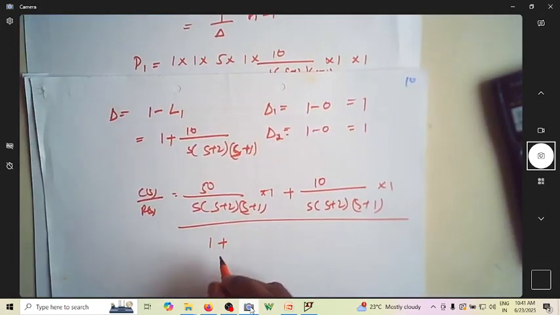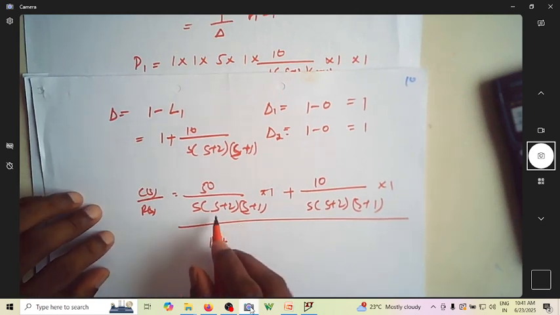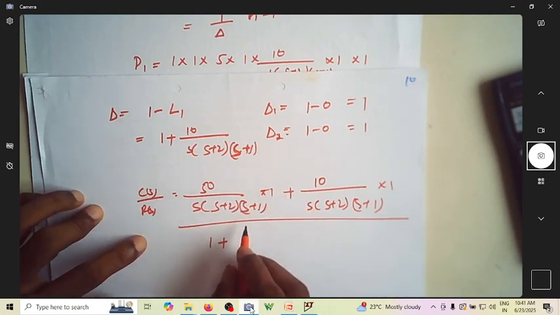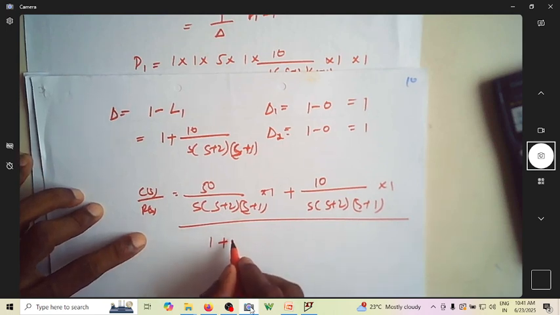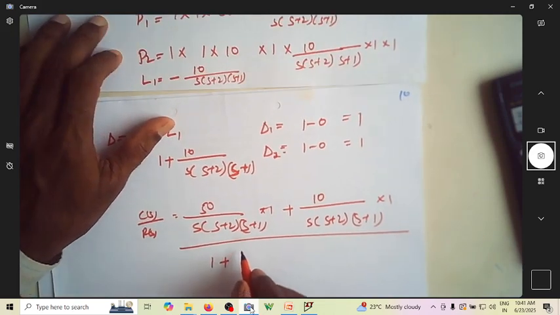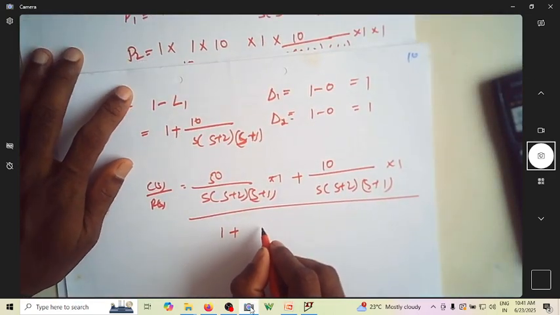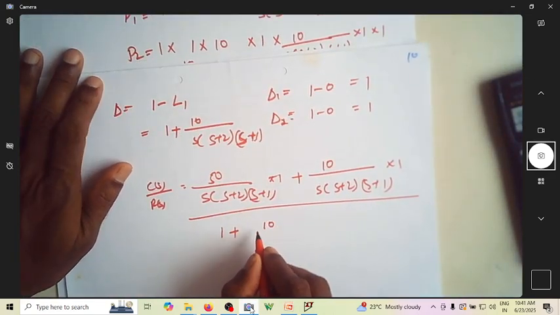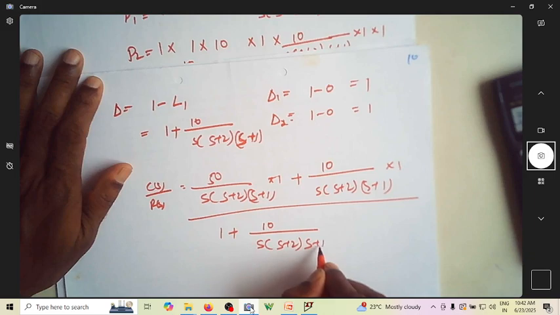What is that value? So now can I write it as 1 plus, so what is delta? Delta is actually this, it is 1 by 10 into s into s plus 2, s plus 1.